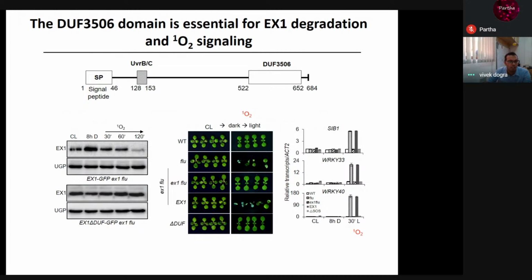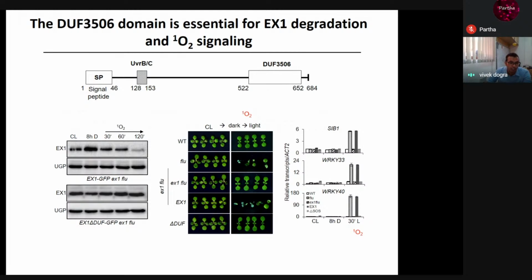What we found was that the EX1 protein was undergoing degradation upon singlet oxygen dose, but when we deleted this DUF domain, there was no degradation. It means this domain is important to sense ROS. So this was later named our ROS sensor.